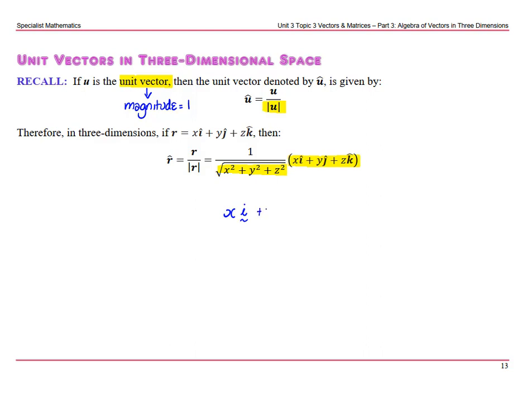You can do xi plus yj plus zk all over the square root of x squared plus y squared plus z squared. Now the reason we don't express it like this is our 1 over the magnitude will be a fraction, so it'll be outside the brackets. But that is what we're doing, the vector divided by its magnitude.